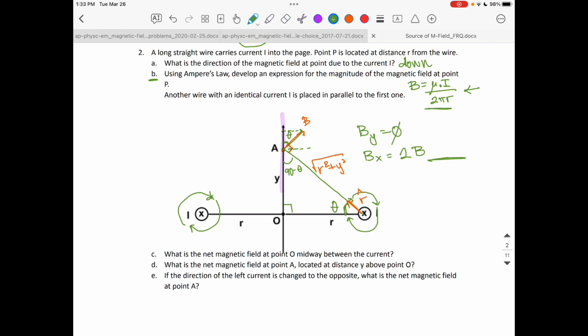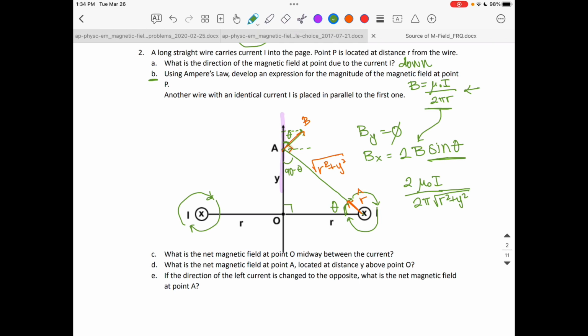So if this is theta, we're actually taking the opposite over hypotenuse, which is B sine of theta. Sorry, I'm having brain farts today. So opposite over hypotenuse, my Bx is 2B sine theta. I'm taking the B from part B of this problem, and then I'm just going to plug in the values. Mu naught I over 2 pi r, where r is the square root of r squared plus y squared, times sine theta.